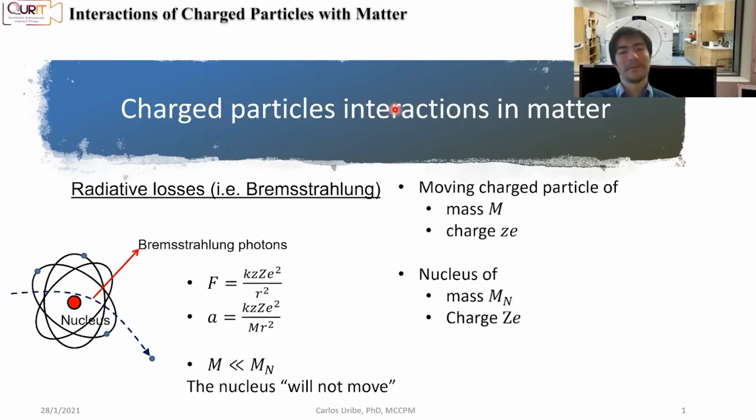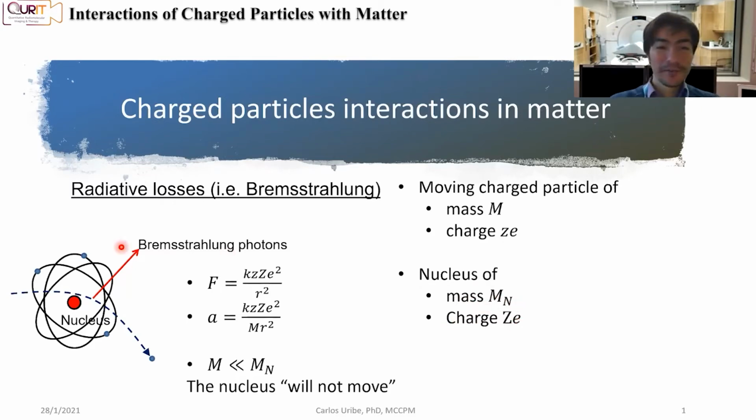So when you have radiative losses, let's think about this moving charged particle as having a mass m, and let's think that it has a charge Ze. So for example, if it's a beta particle, then it will just be e. If it's an alpha particle, then it will have 2 protons, so it will be 2e. That's what I mean with that. And let's think about the nucleus. The nucleus will have a mass Mn and a charge Ze.